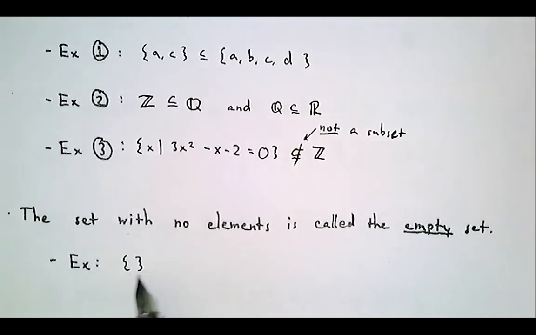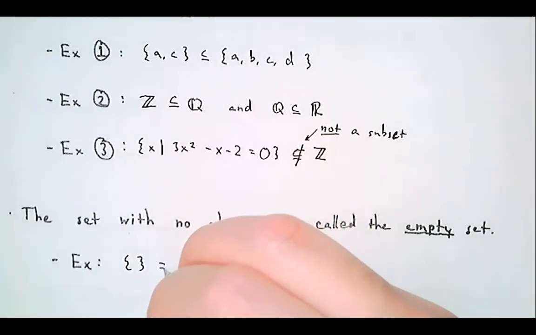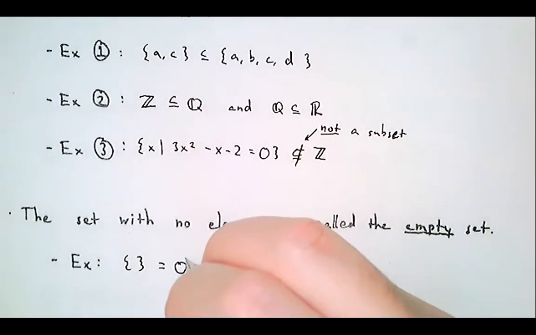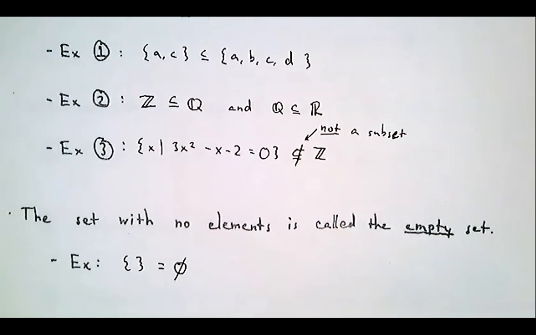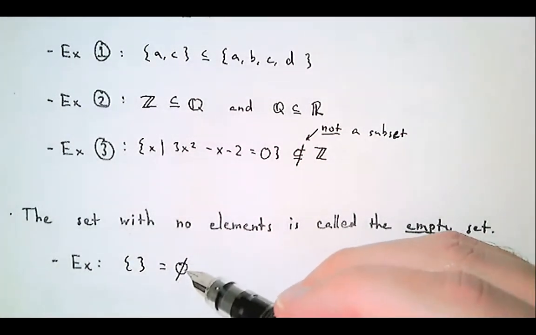So I just have a set using curly brackets, and, well, nothing is inside of it, so it's empty. And there's another, probably more common way that the empty set is written in mathematics, and it's a circle or a zero with a slash through it.